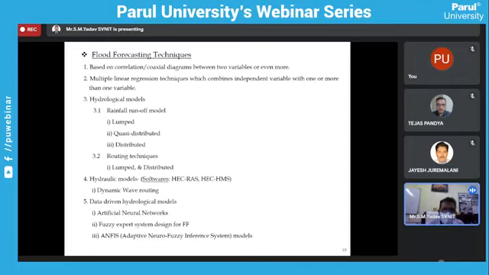There may be different types of rainfall runoff models like lumped, quasi distributed, and distributed, routing techniques, hydraulic models, software like HEC-RAS and HEC-HMS, which use dynamic routing, and data driven hydrological models like artificial neural network, fuzzy experts, and so on.